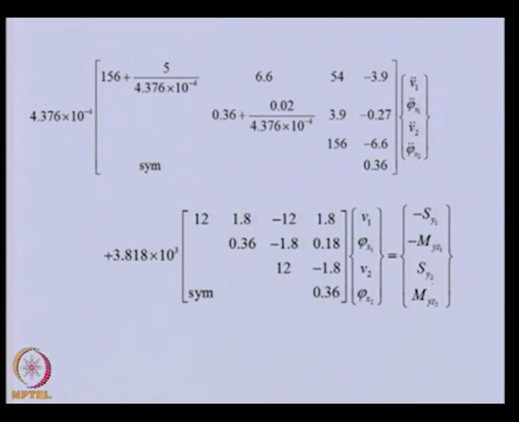So now you can see that apart from the mass of the shaft, the mass of the disc, this is corresponding to the mass of the disc, and this is the diametral mass moment of inertia of the disc. Because that particular disc is at node 1, they are appearing in the diagonal terms. This is the mass, this is the diametral mass moment of inertia of the disc. So at node 1 they are appearing, but not at node 2. So this is for element 1.